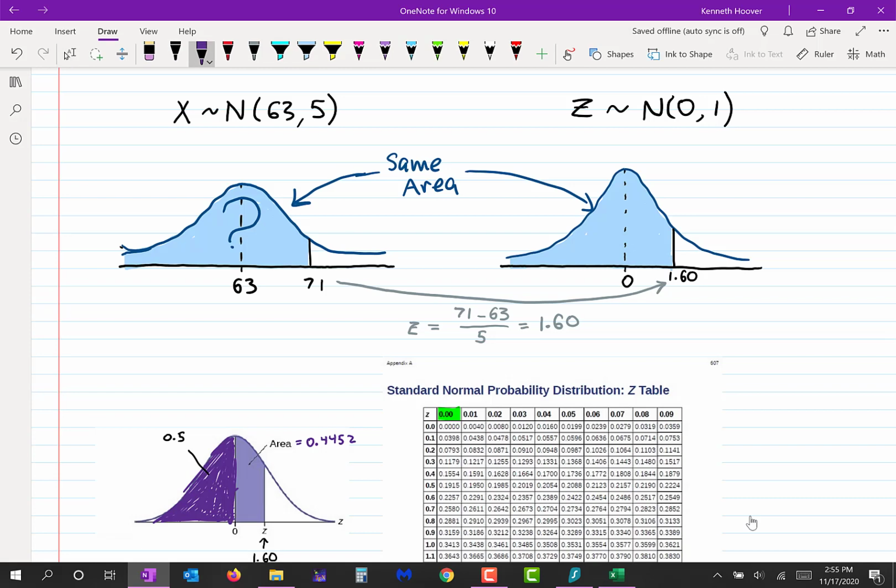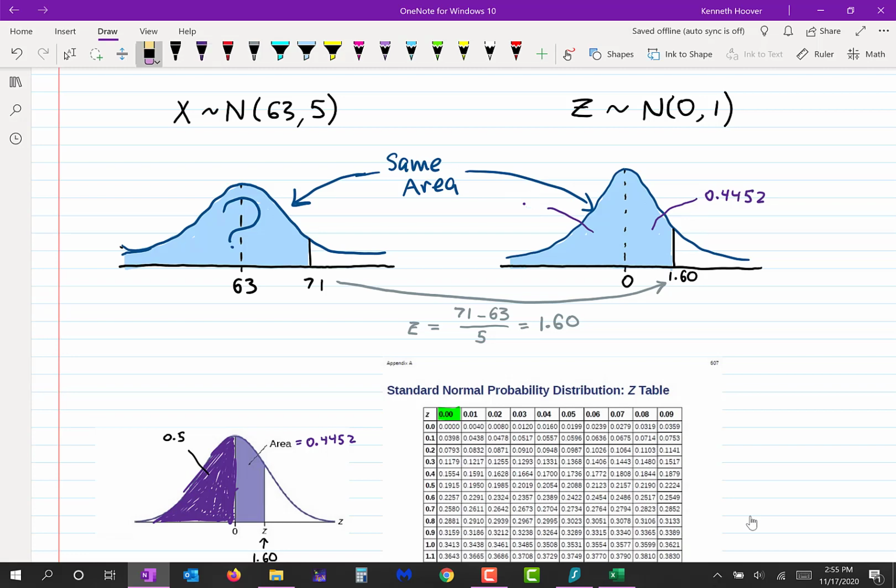Okay, so the table told us that this is 0.4452. We know that this is 0.5 because it's half of the bell curve. Half of 1 is 0.5.